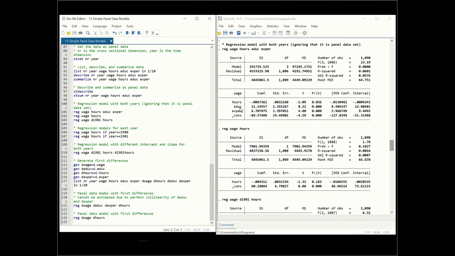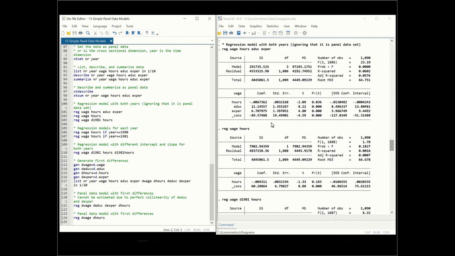Wage regressed on hours, education, and experience. So this model is a pooled LS model. So it basically ignores the fact that it's panel data and just estimates one model. We could also be estimating the same regression without the education and experience variables. This is what we find here.